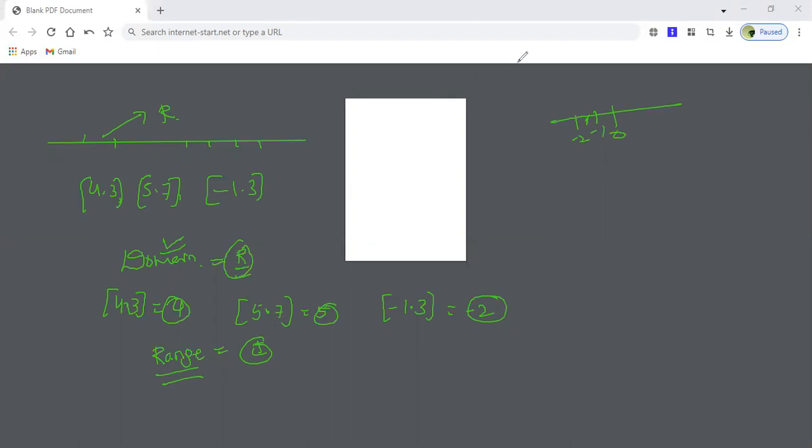Now, I will tell you an interesting fact about this particular function. Let's understand it. Say x is equal to 2.1.